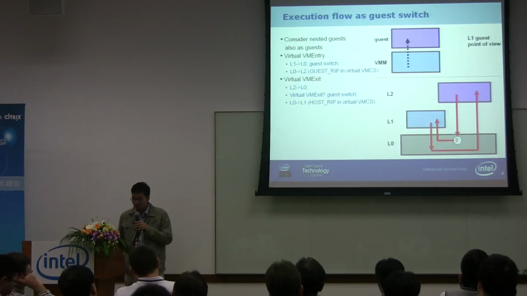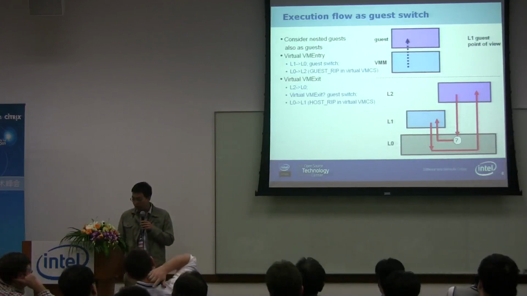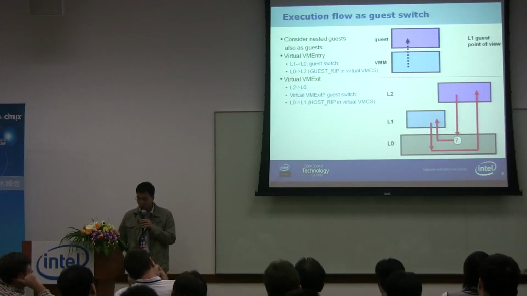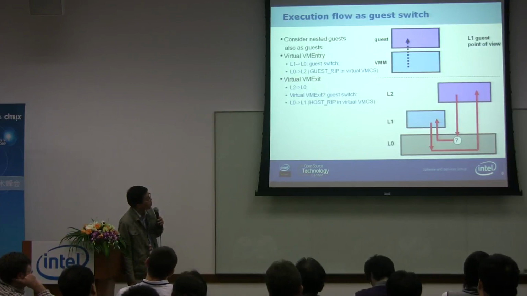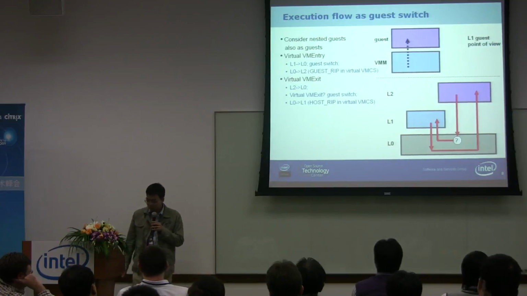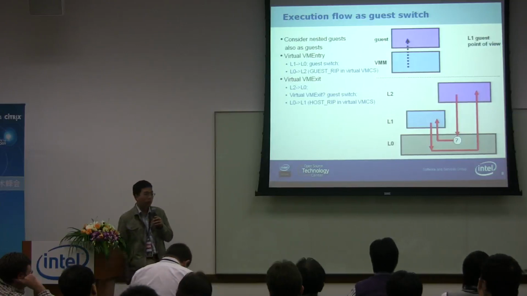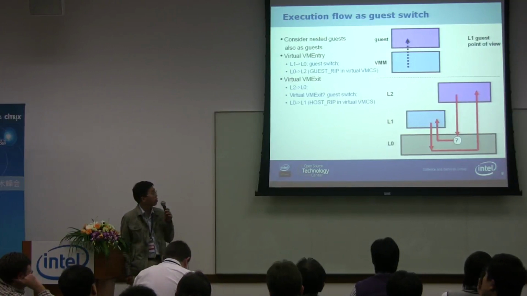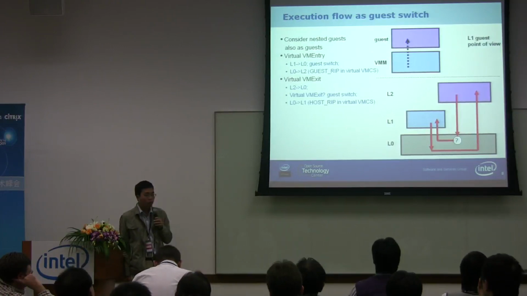So there's a policy, a judgment, and if it's a virtual VM exit, the VMM will also do a guest switch and turn back to level 1. So when will it not be a virtual VM exit, but return directly to the level 2 guest? A notable example is page fault.